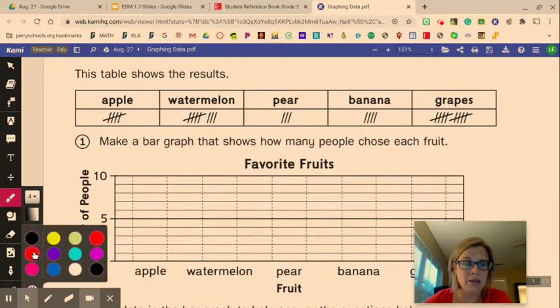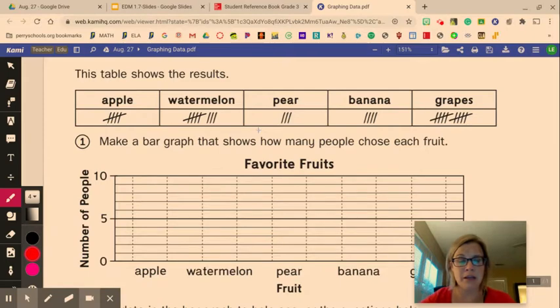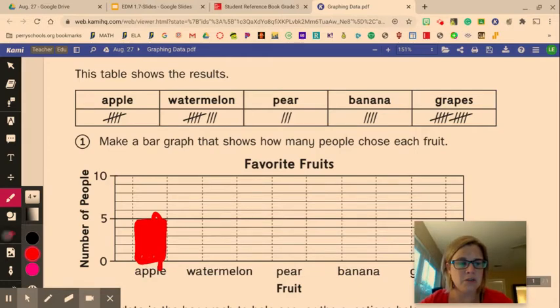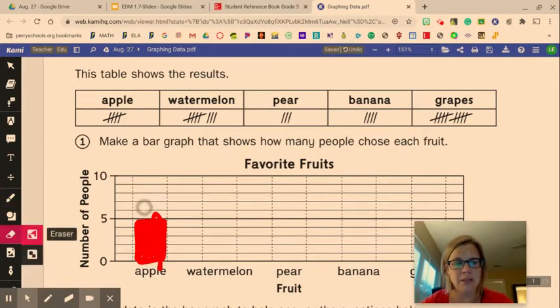I'm going to pick the red color for my apple, and I'm going to color in my bar graph with the red. And I just like to make that line. It doesn't have to be perfect. I make the line to where I'm going to color in, and then I just shade it in. Again, it doesn't have to be perfect. If you wanted to, you could go back and fix your mess up just a little bit.